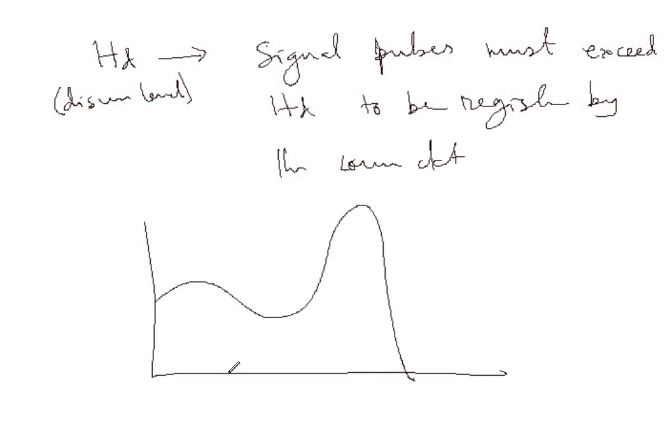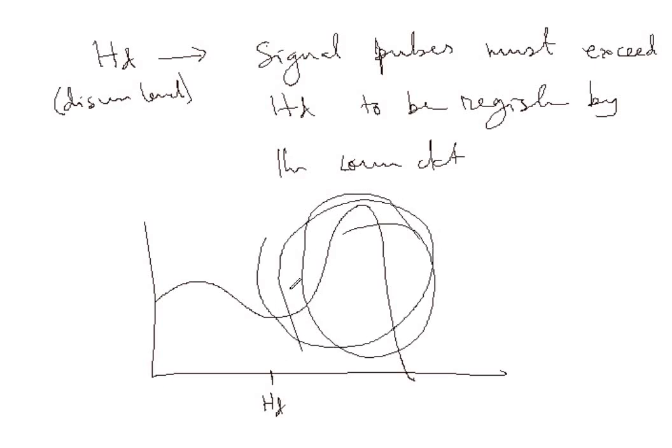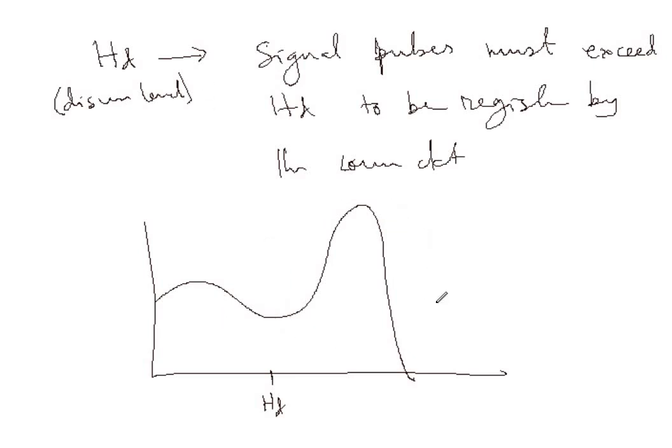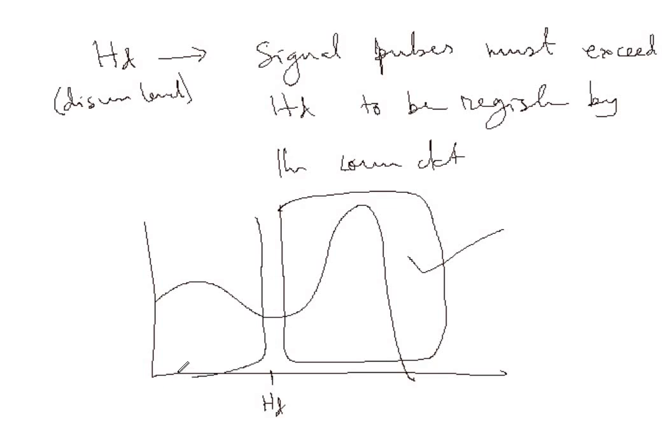Suppose I have a spectrum like this and I set HD here. What will I observe? I will only observe this part of the spectrum from here onwards. I will not observe this part. Is that clear? Again, if I set HD here, I will only be observing this part, and this part of the spectrum will not be there.